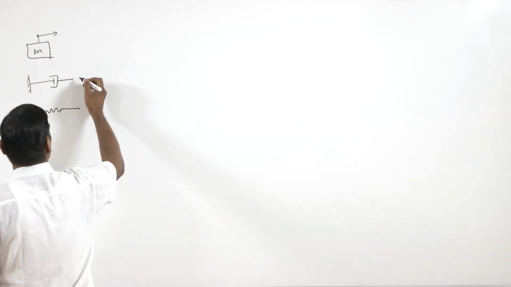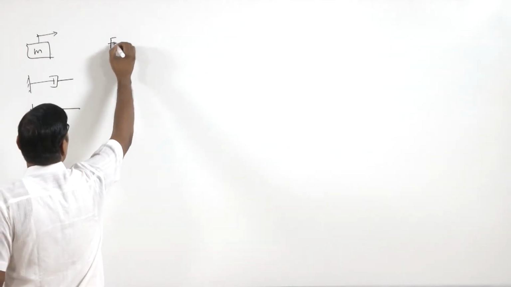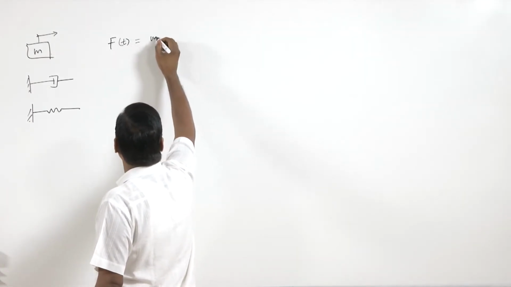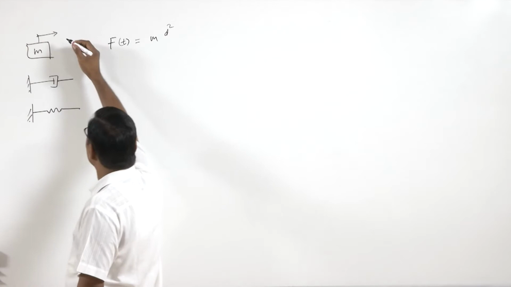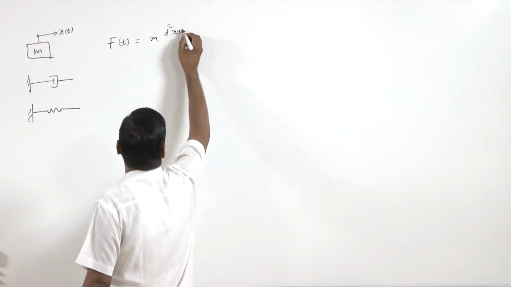For mass, the force F(t) is equal to m into d square x(t) by dt square.